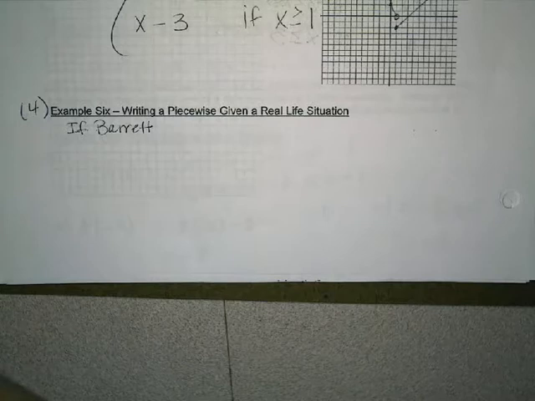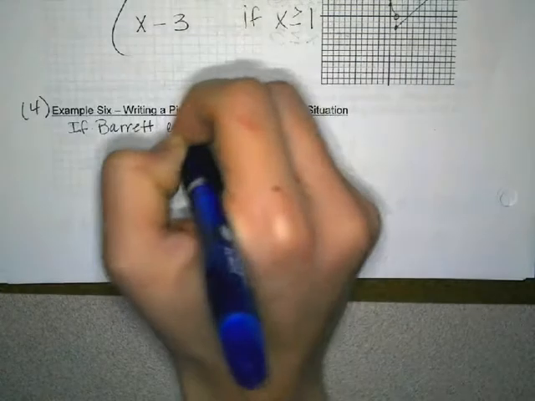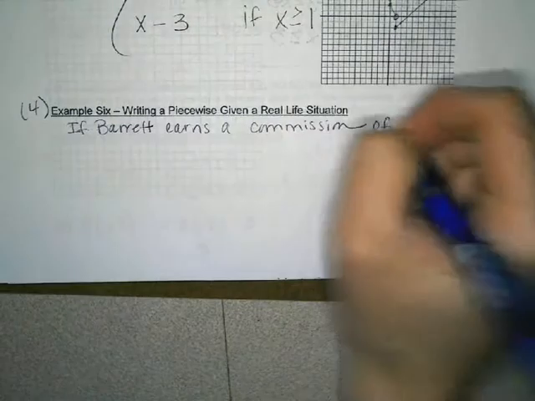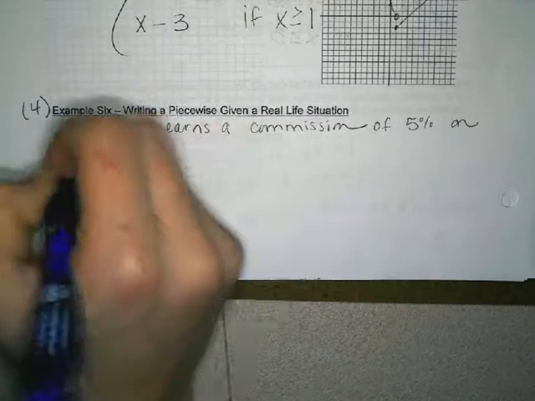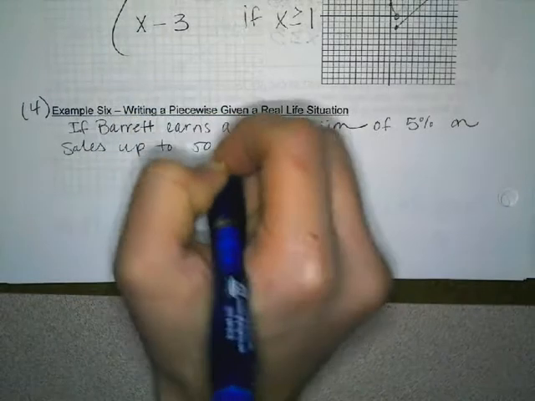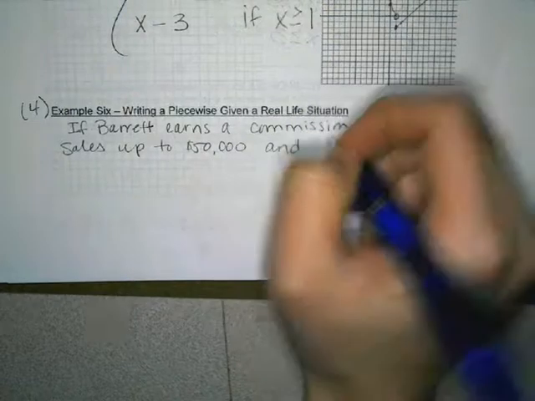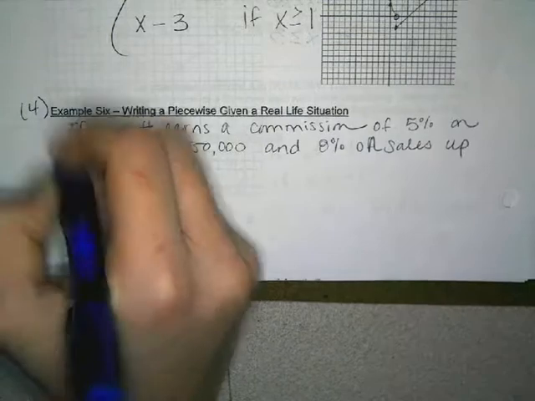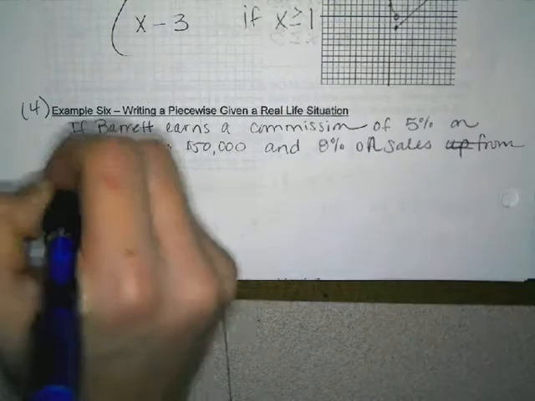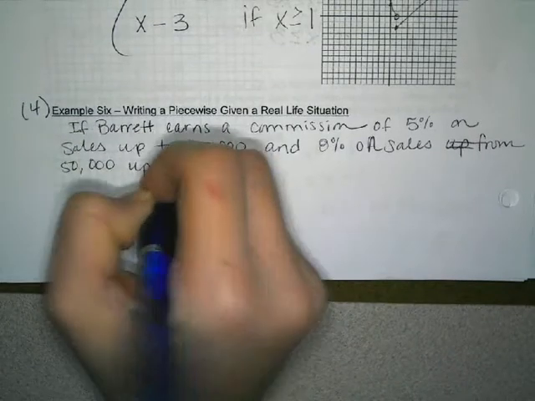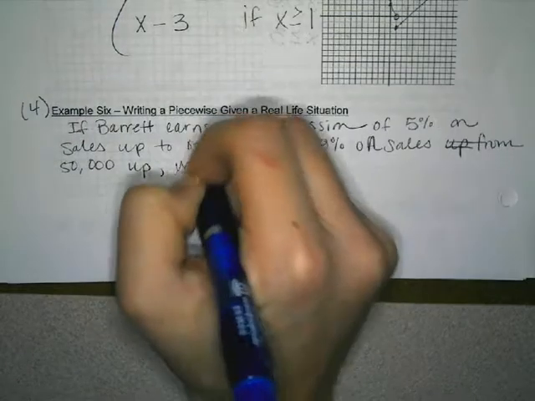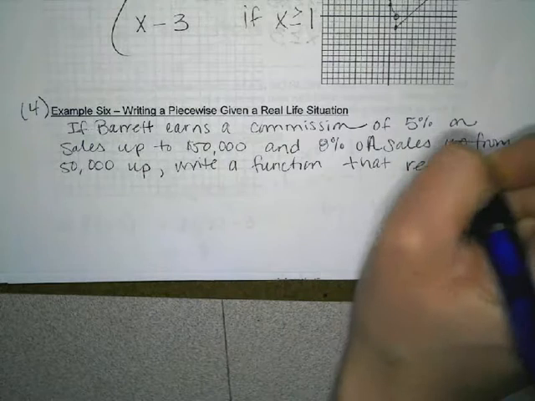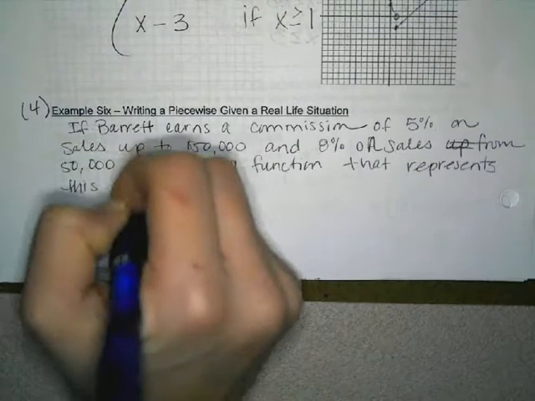Good. All right. So if Barrett earns a commission of 5% on sales up to 50,000 and 8% on sales, well, I should say from 50,000 up, write a function that represents the situation.